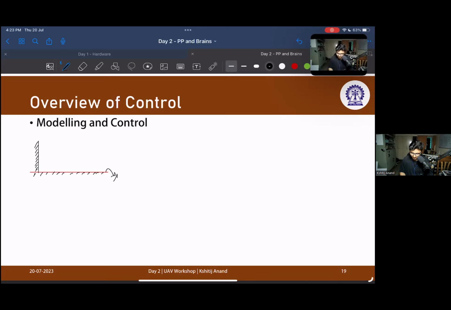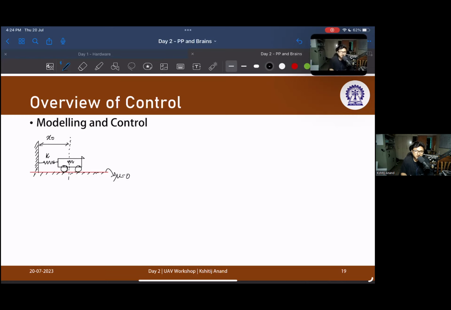This surface does not have any friction, and we have a cart on top of it with a spring attached to it with spring constant K, and this cart has a mass M. This is the natural, relaxed position of the spring where the cart is. Let's label this as X naught.